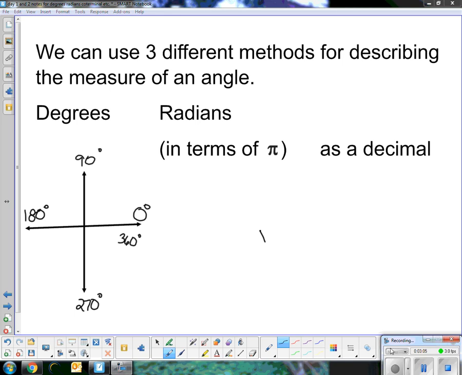All right, now if you're asked to do it in terms of pi, think about if you had a circle.